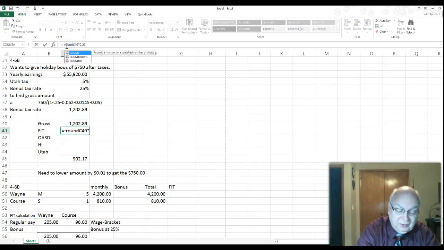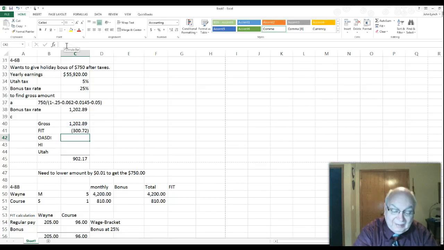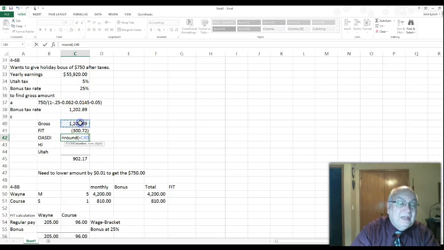Probably ought to use the round function just to be safe, because formatting is okay, but it doesn't always work because formatting is different than rounding. I think I went over that before. Okay, the OASDI times 0.062, comma 2.